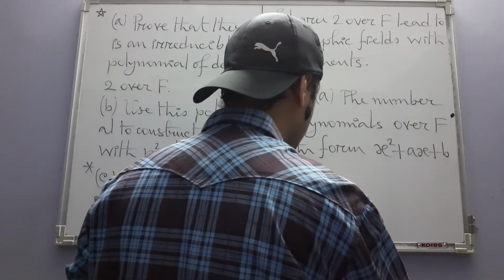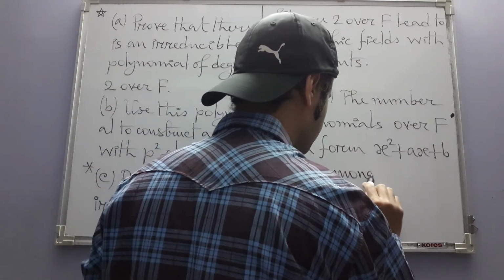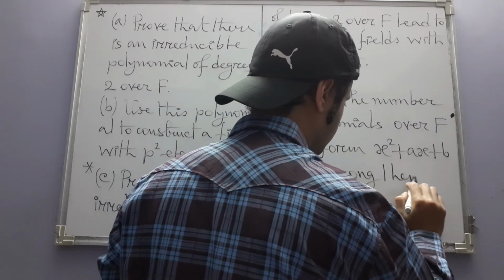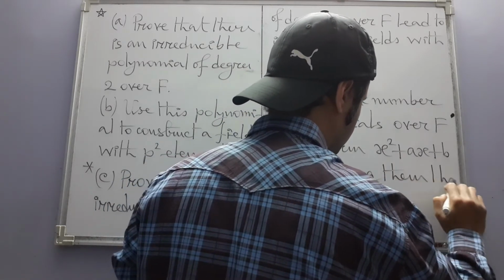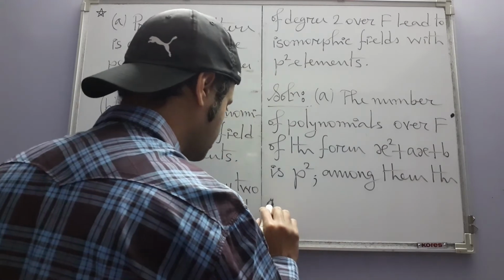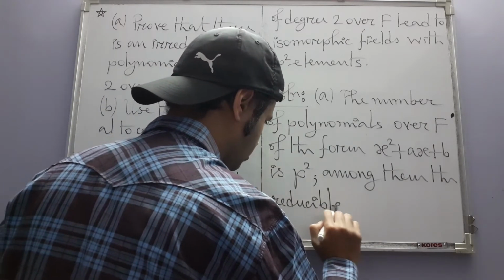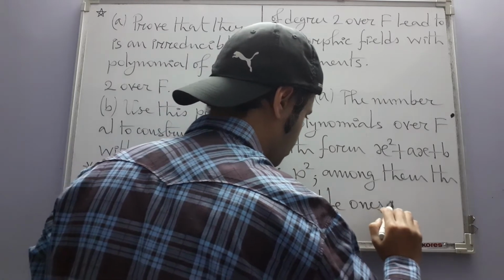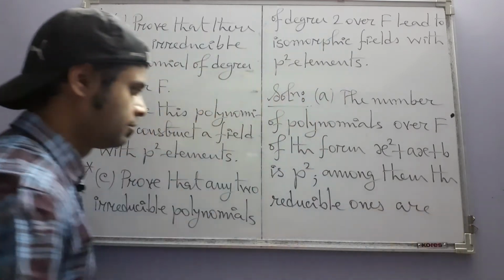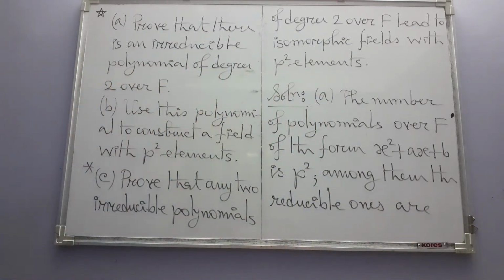Now among these polynomials, the reducible ones look like this.